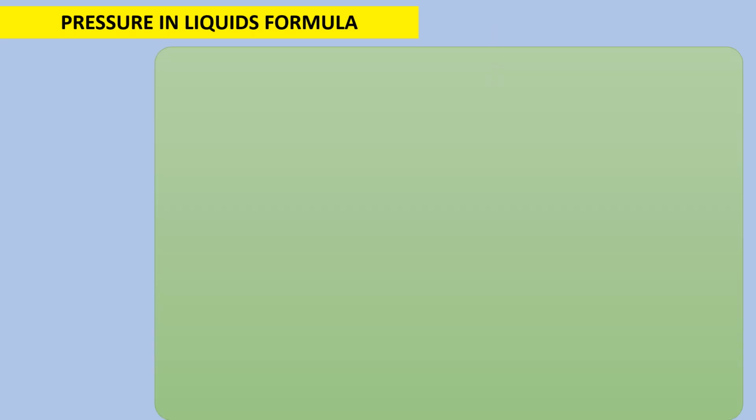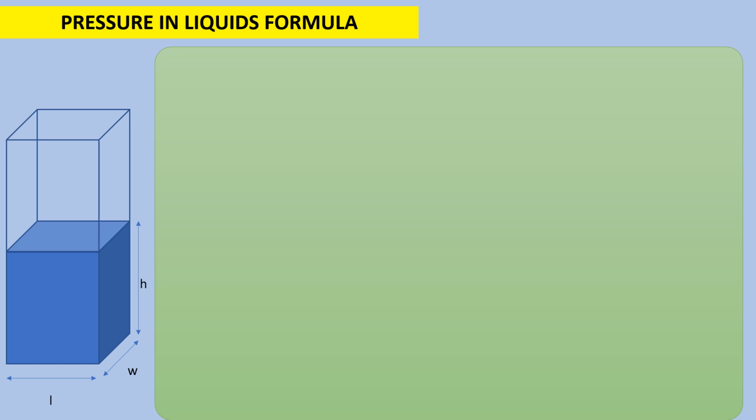So we can derive the formula for calculating pressure in liquids, and to do that, we'll first look at a container containing a liquid to a certain height h, and the container we are giving the dimensions of a cuboid, or a rectangular based prism, for simplicity purposes.